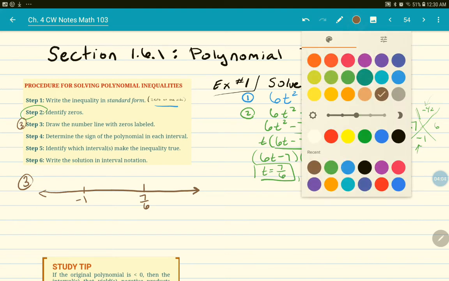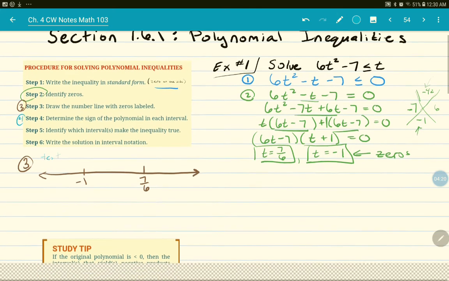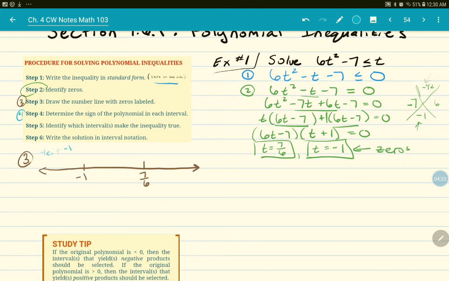And then step 4, I'm going to determine the sign of the polynomial in each of these intervals. Remember, it can only change signs at the zeros, so we're going to use some test values. To the left of negative 1, we can test negative 2.